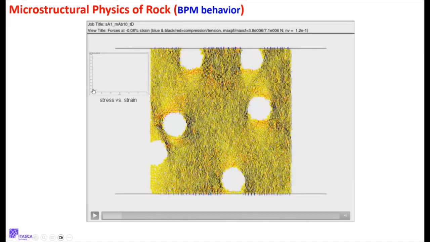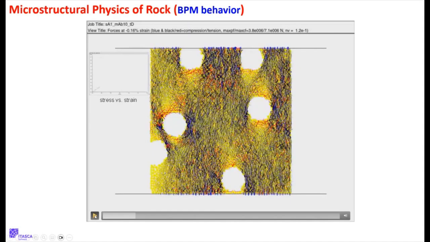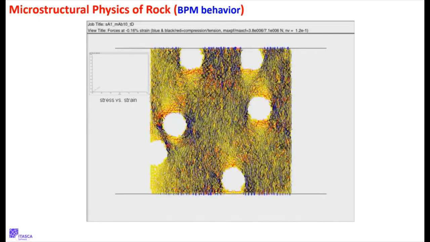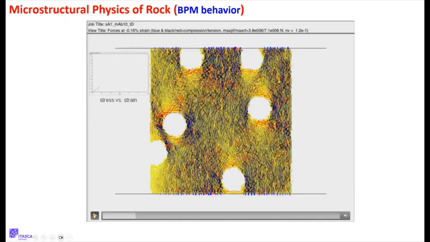Here's the stress strain curve. Now it's getting even more loaded, so things are getting thicker. Notice the red, there's tension above and below these holes. That's naturally developing because the forces are flowing around the holes.